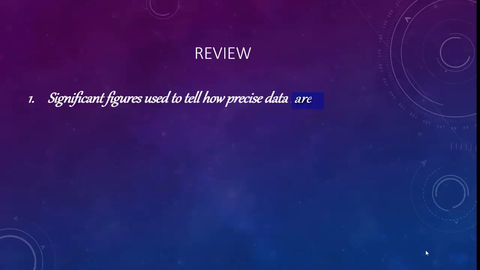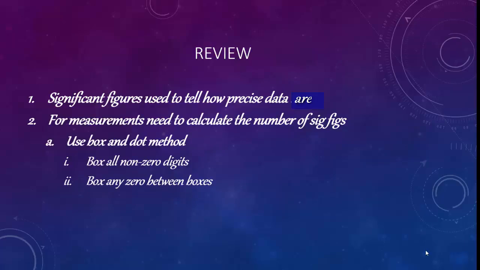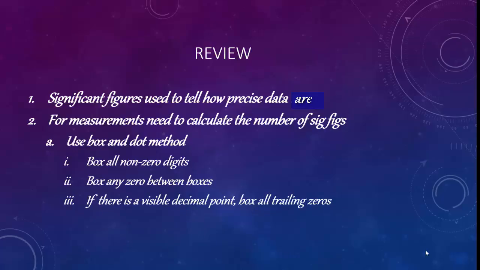So to review, significant figures are used to tell how precise data are. For measurements, you need to calculate the number of significant figures. Use the box and dot method: box all non-zero digits, box any zeros between boxes. If there is a visible decimal point, box all the trailing zeros. Never box leading zeros.